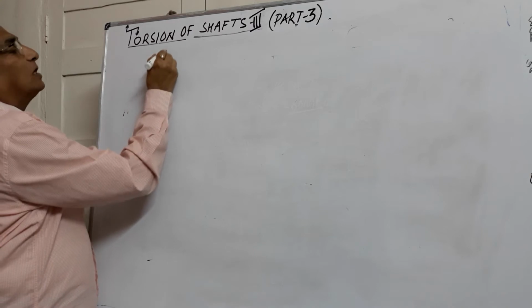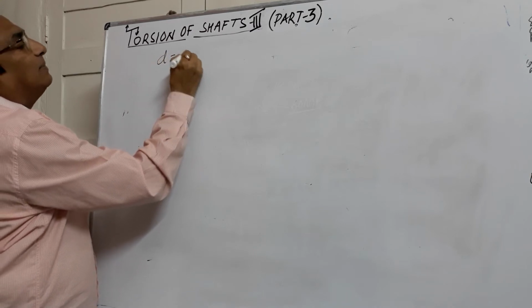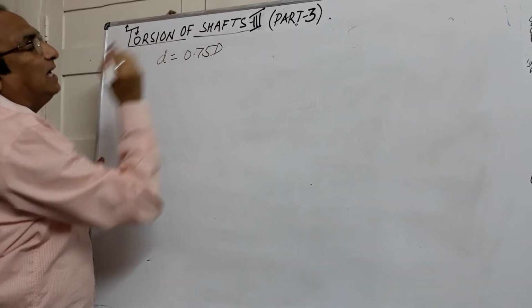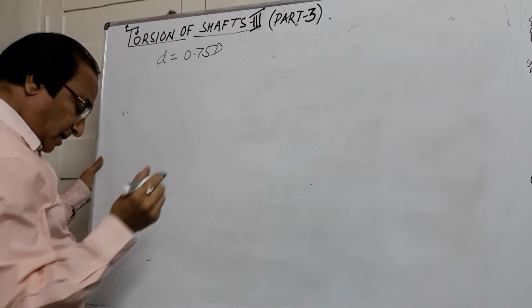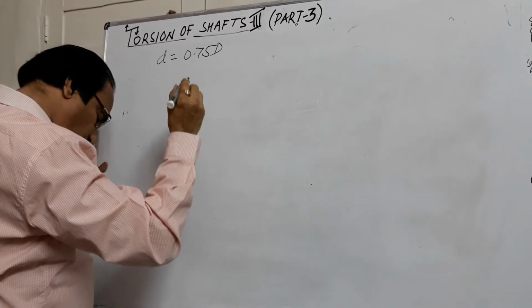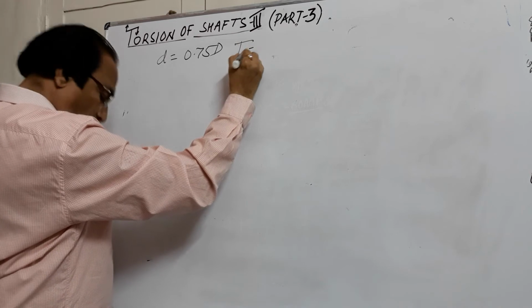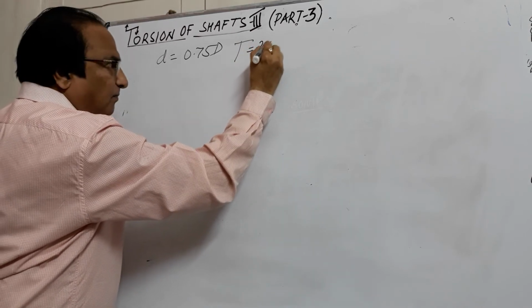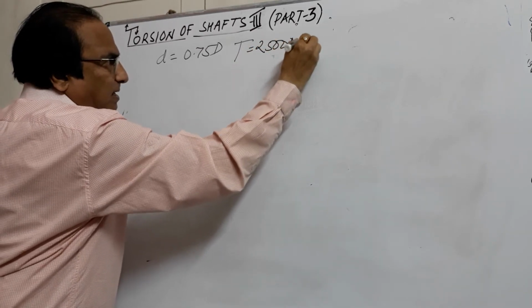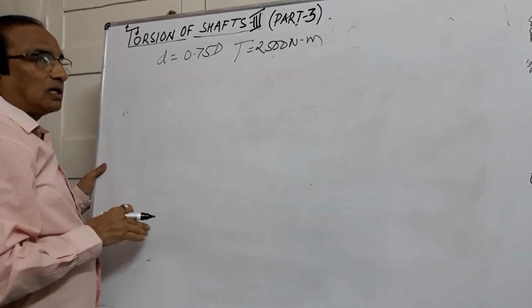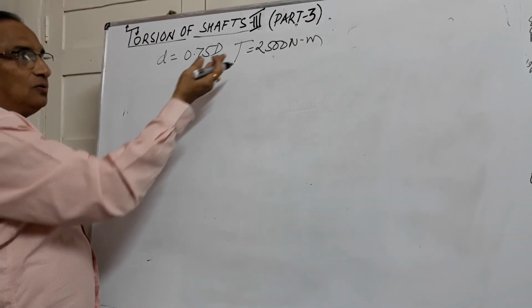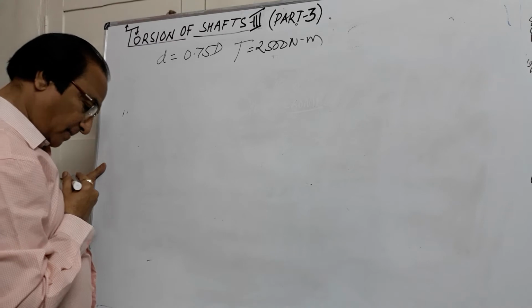Suppose there is a hollow shaft whose internal diameter is 0.7 times the external diameter, and this is subjected to a torque of 2500 Newton meter. So instead of power, torque is given here. If power is given, you can find out the torque there, 2 pi NT by 60.